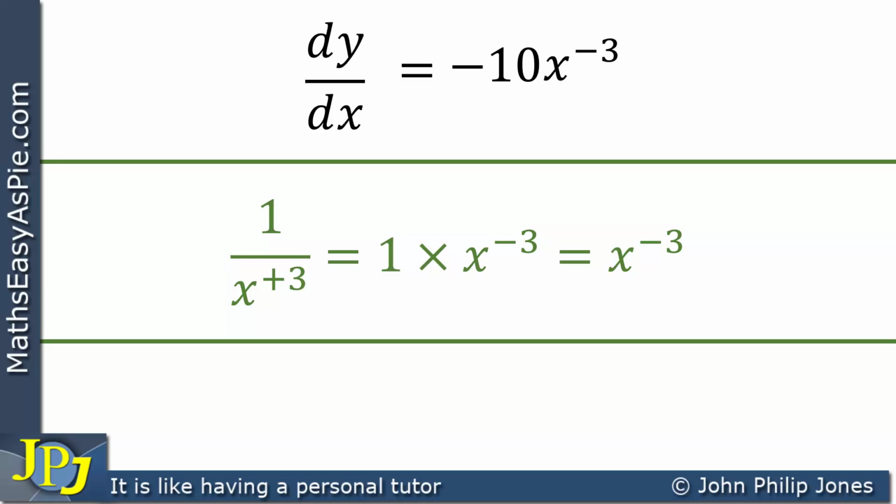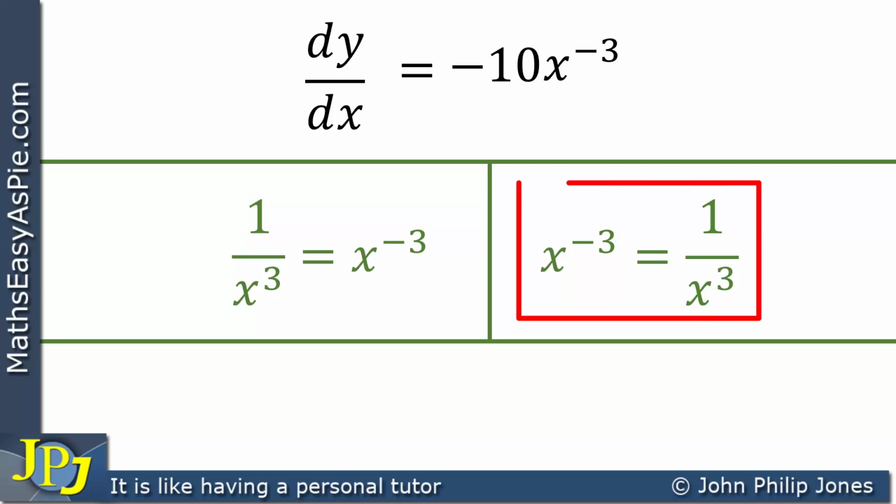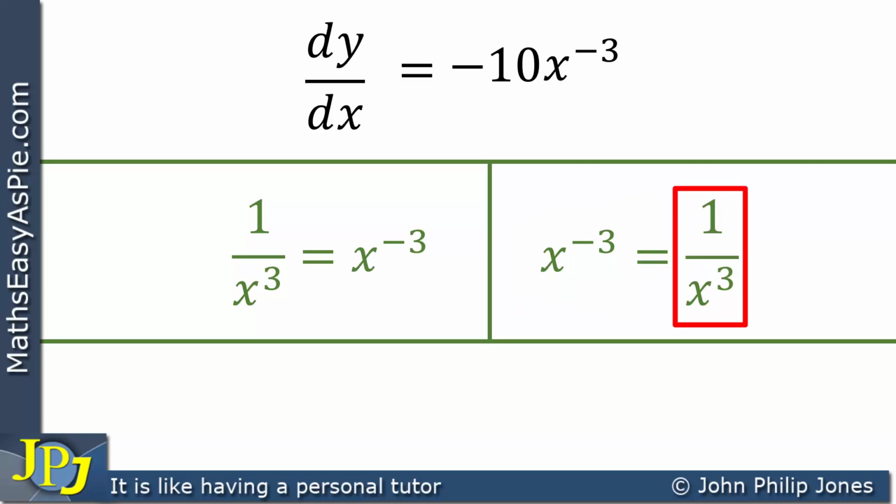But essentially, what we have got is this. If you see 1 over x to the 3, there is no sign in this position, and that implies that it's positive. So I can bring this effectively to the top and change the sign to negative. This can also be looked at as being this, that x to the minus 3 is equal to 1 over x to the 3.